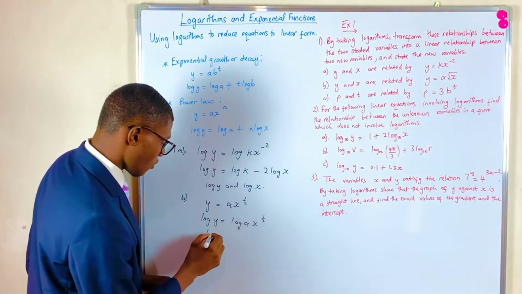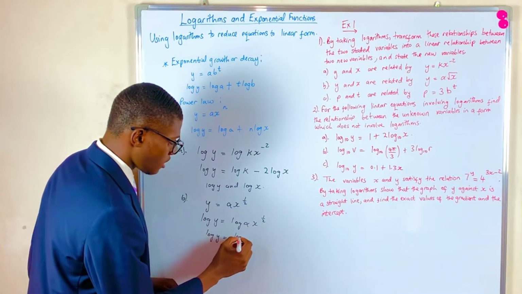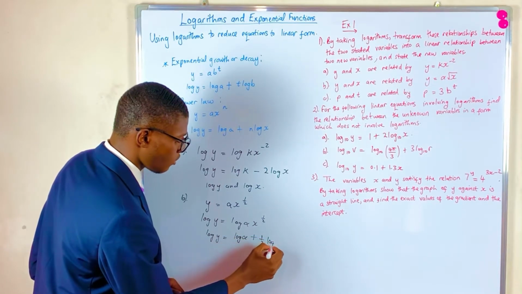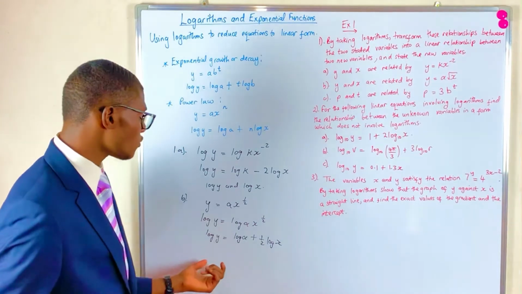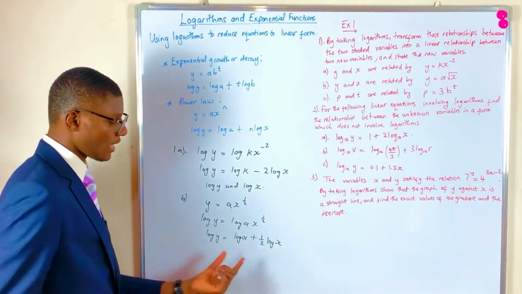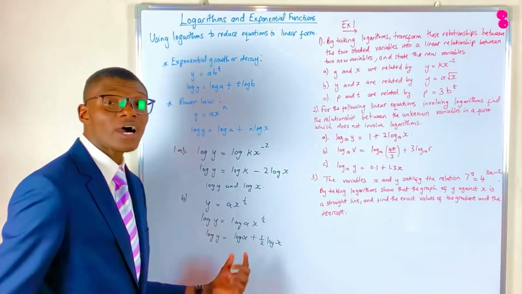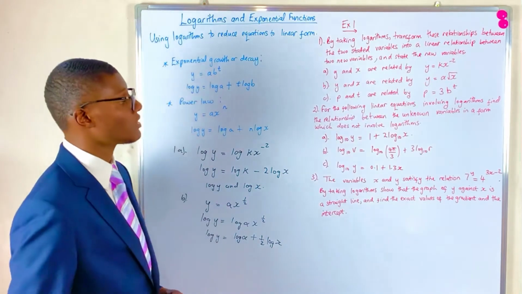We're saying that log y will be equal to log alpha plus 1 over 2 log of x, like this. So the two new variables, we've got log y and log x. And then log alpha is the intercept, whereas 1 over 2 is the gradient.